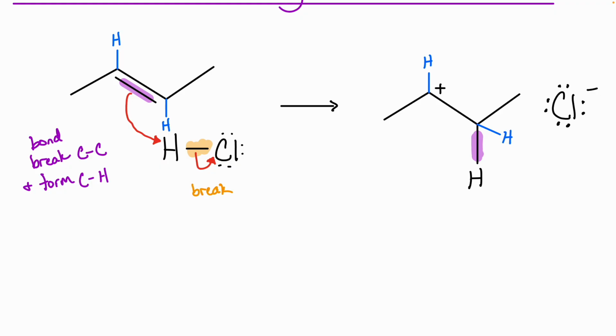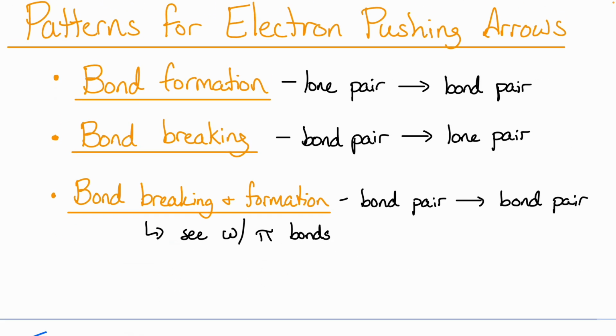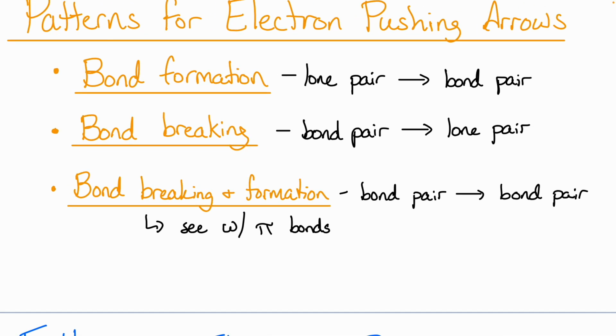Last thing we're going to do is add to our notes for our patterns one that we will never see, and that is a lone pair jumping to another atom.